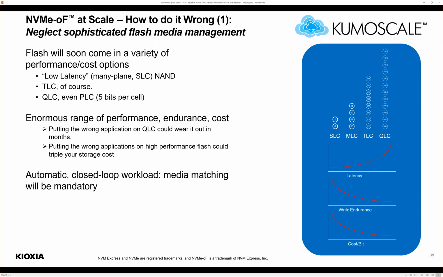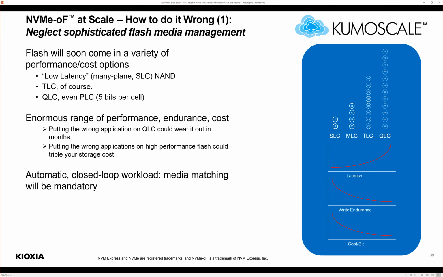We're going back to single level cell, and very small word lines and bit lines to get very low latency. TLC, of course, but QLC is going the other direction, higher density but lower performance and lower endurance, and people are even talking about 5 bits per cell now.